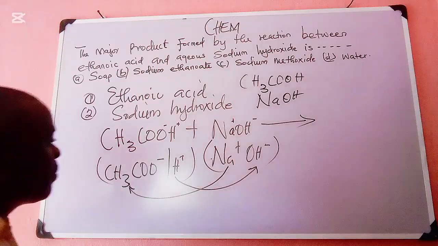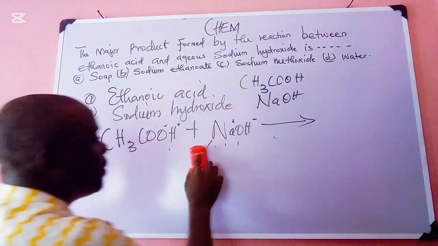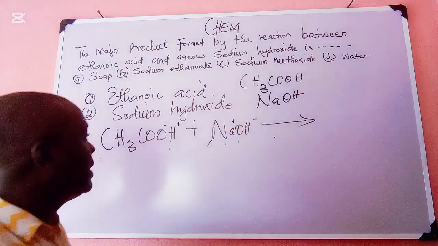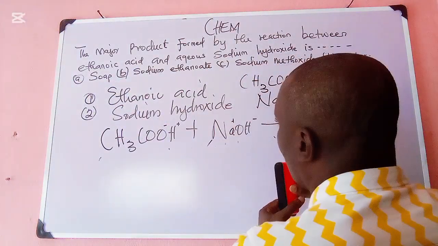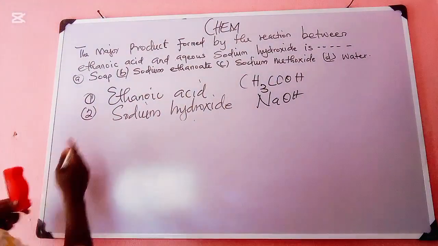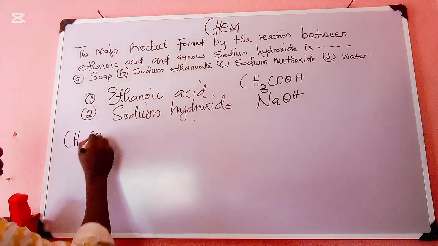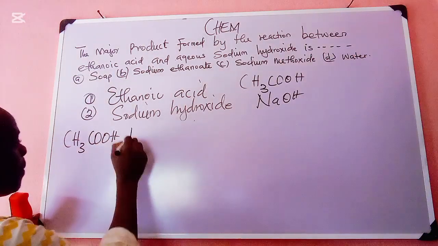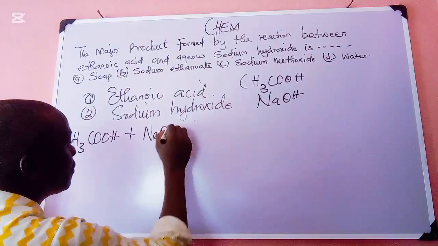So let's balance our equation. We have CH3COOH plus sodium hydroxide.